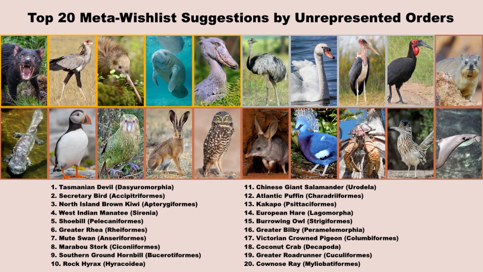We've got the Manatee, which I did suggest in the last video. It's very highly requested, of course, but it is not very viable because it's fully aquatic. It's definitely highly requested, but I just don't know if we'll ever get it. Next we've got the Shoebill.